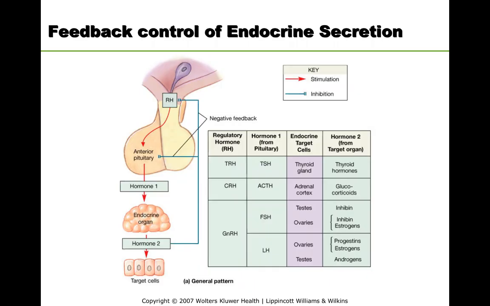For example, thyroid releasing hormone has its action on the anterior pituitary to produce TSH, which is thyroid stimulating hormone, which in turn acts on the thyroid gland to produce thyroid hormones, which are T3, T4, and calcitonin.